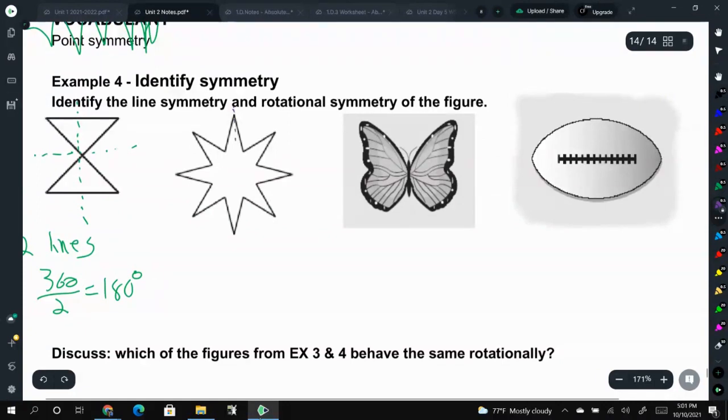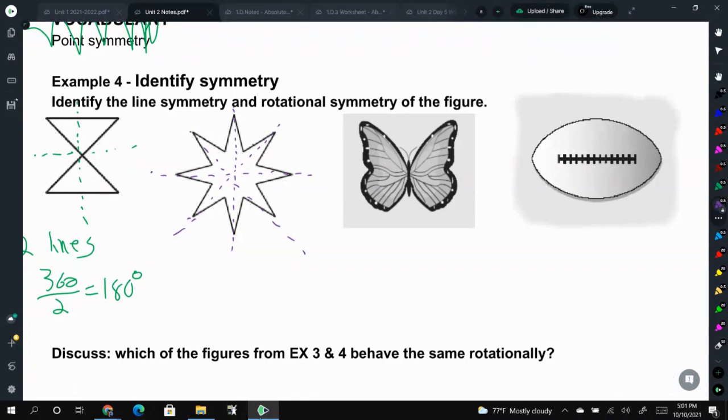Then this one has a line of symmetry there. And again, you could go and rotate your paper if this helps you. We can go this way. We can go this way. Or this way. Oh, we don't want to go back here because we already did that.